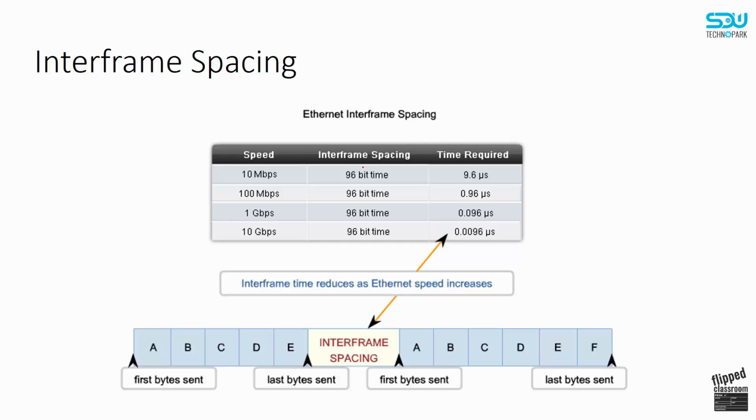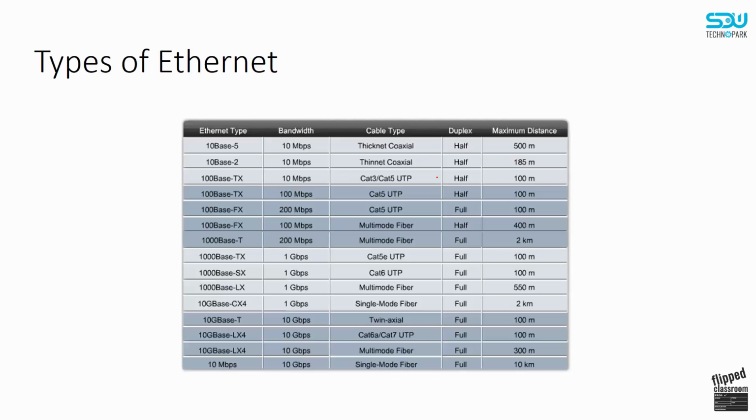Here we also have speeds, 10 megabits per second. It takes 96 bit times, which is equal to 9.6 microseconds. So after your switch or end device generates the first frame, it has to wait for this amount of time before starting to generate the next frame.